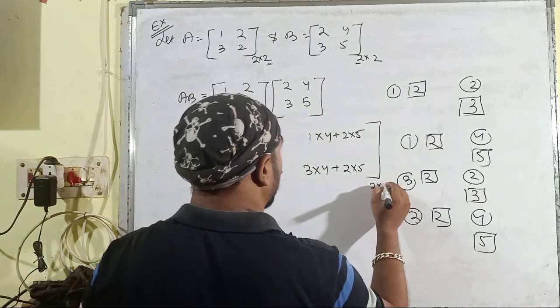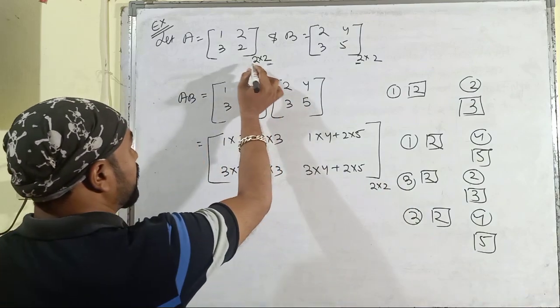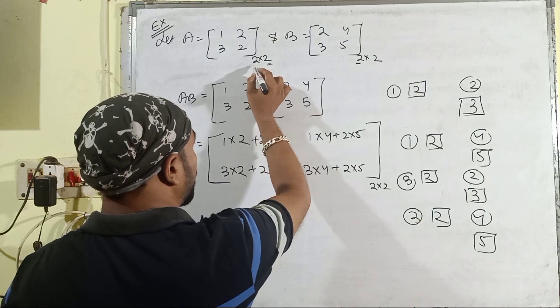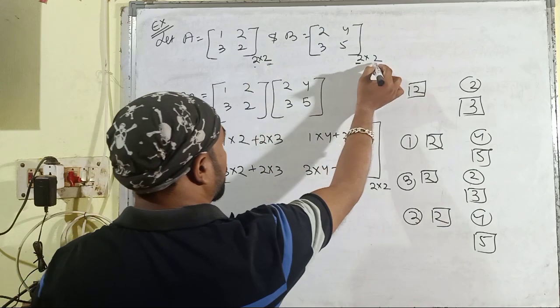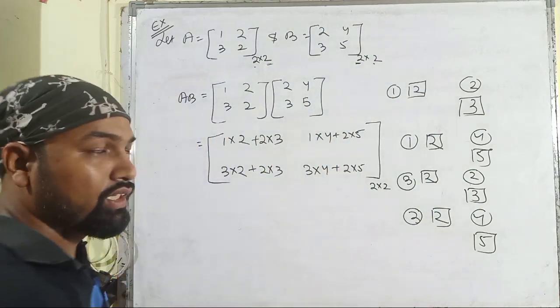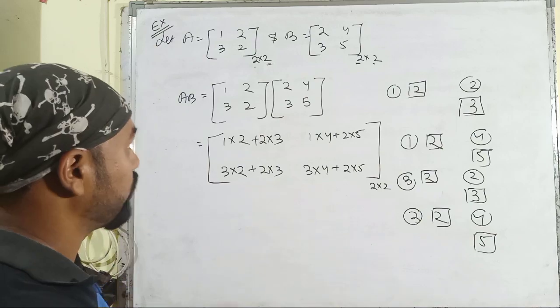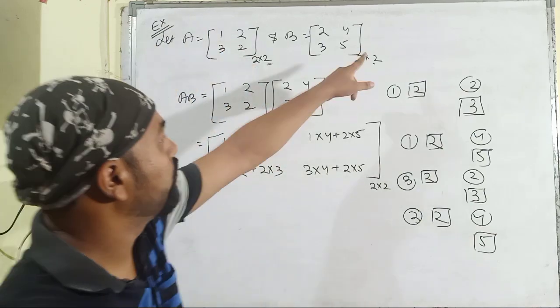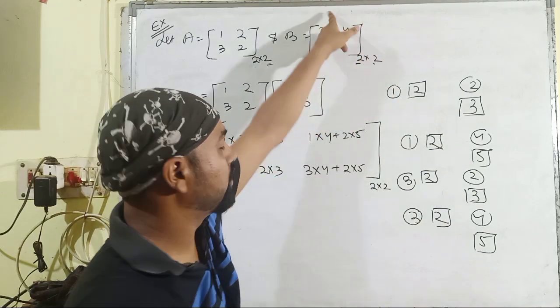And it will be a 2 cross 2 matrix, because according to the rules of multiplication, we use the number of rows of the first matrix and the number of columns of the second matrix.